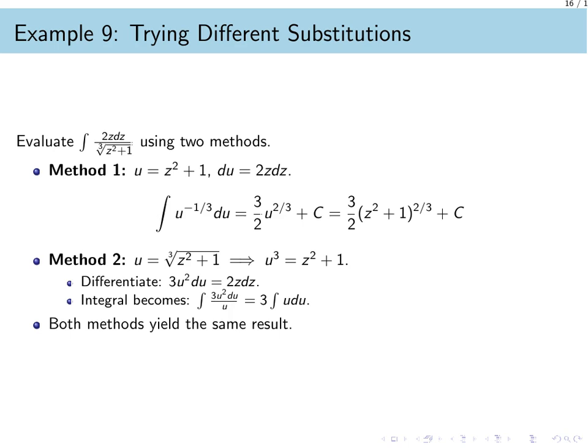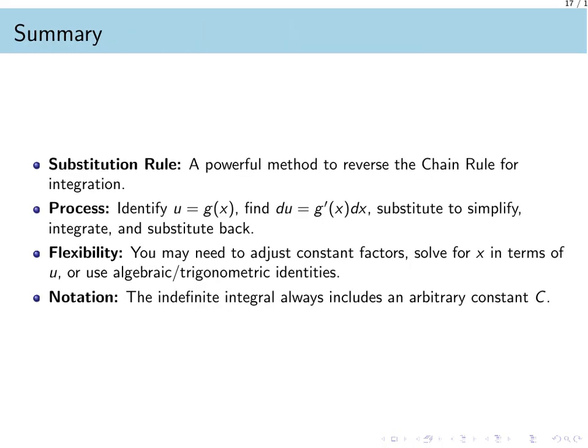Both methods successfully simplify the integrand and produce the same final expression after back substitution. This shows that if a standard substitution feels too difficult, trying a different choice for u, such as including the radical, might work better. To summarize, the substitution rule is the primary method for reversing the chain rule in integration.